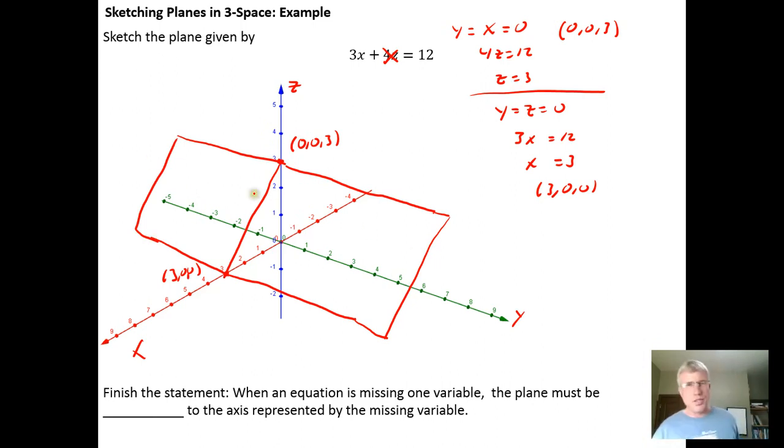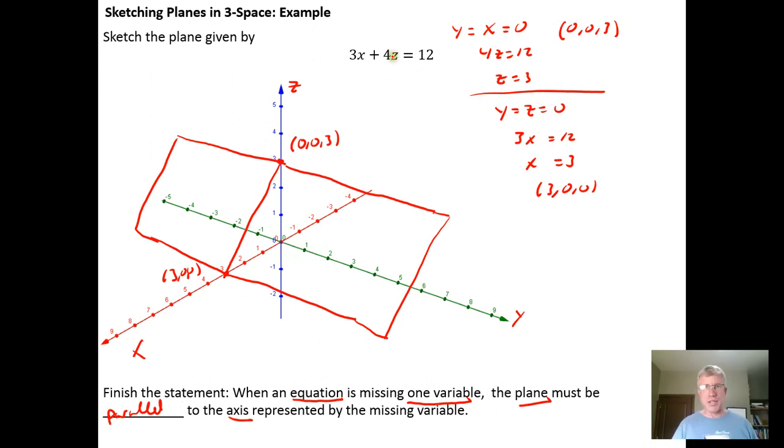And so here's a representation of this plane, and the key is to recognize that the plane that we get is parallel to the y-axis. So if we have an equation of a plane and it's missing one variable, the plane is going to be parallel to the missing axis. In this case, the y variable is missing from the equation, so the plane will be parallel to the y-axis.